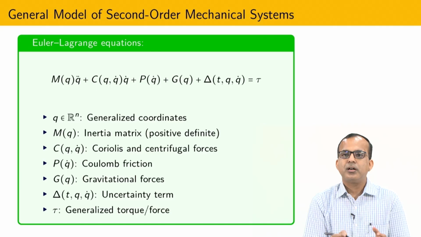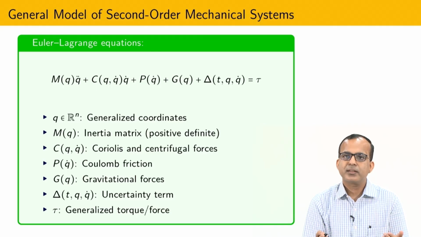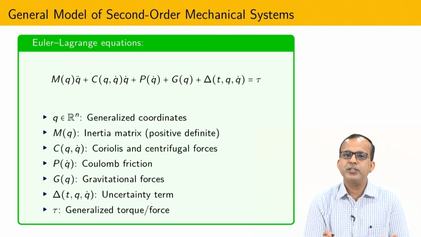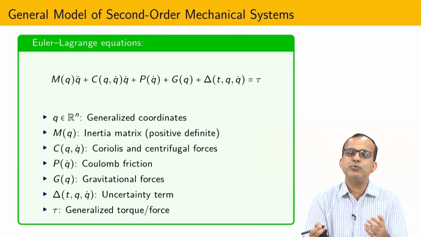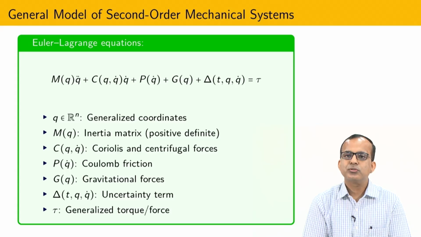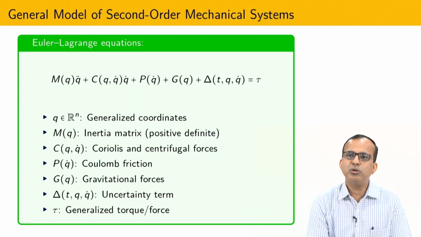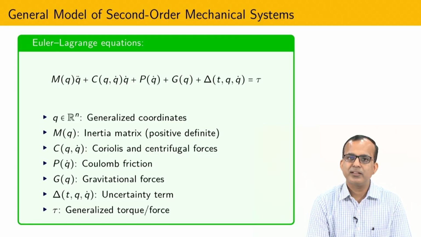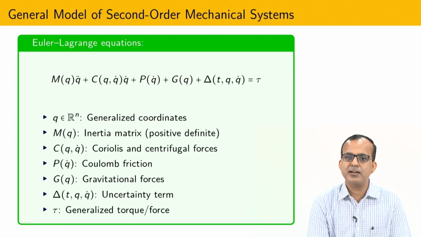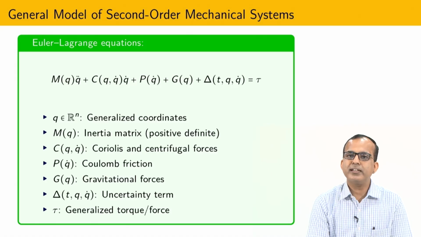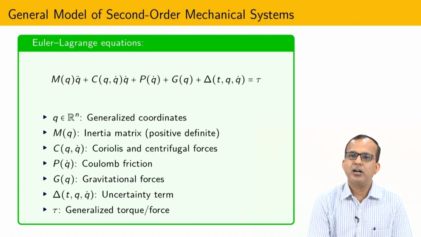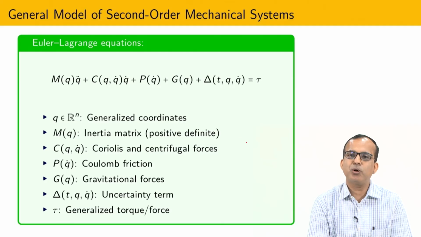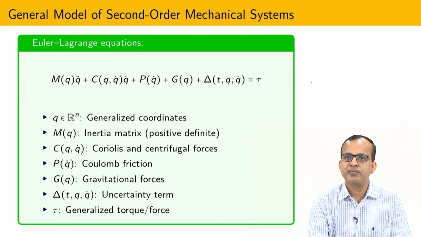Now, another important thing is the observer design, because everything is a consequence of the observer. So in this lecture I am also going to extend one more concept. Suppose I have a mechanical system, how do I get q dot from the information of q? I have two options.